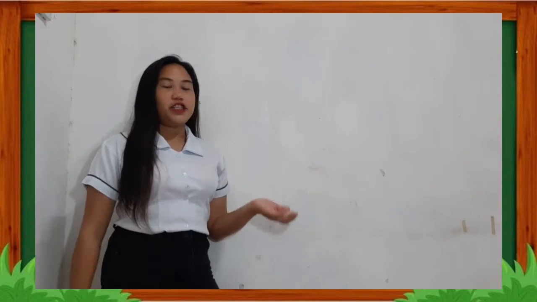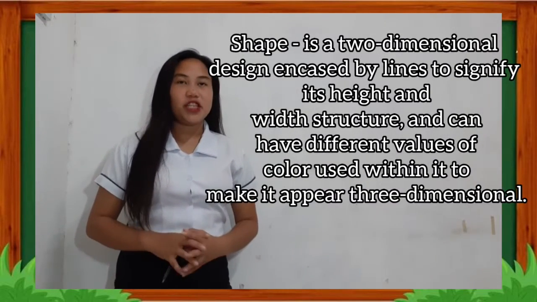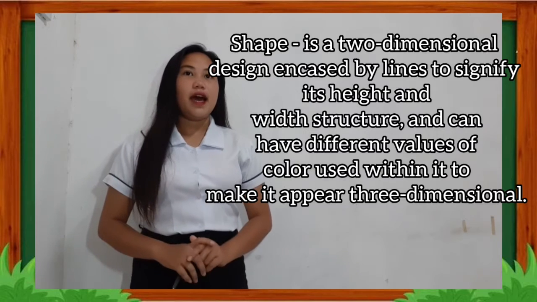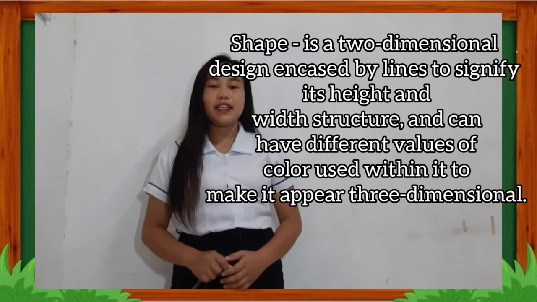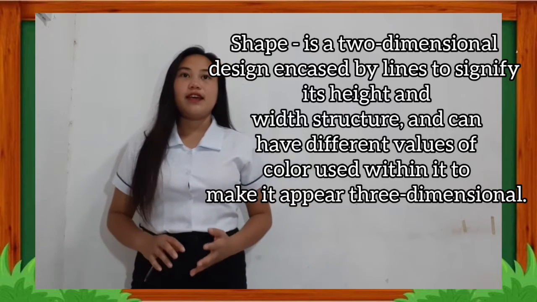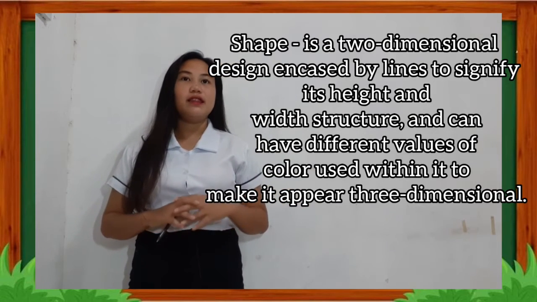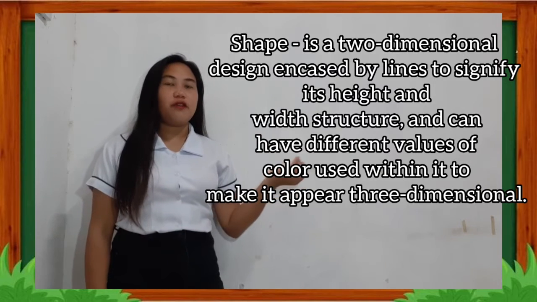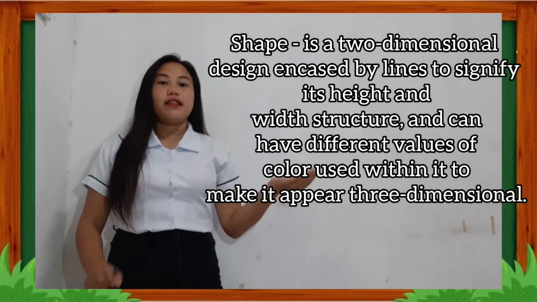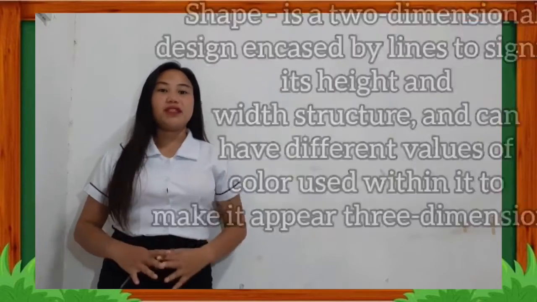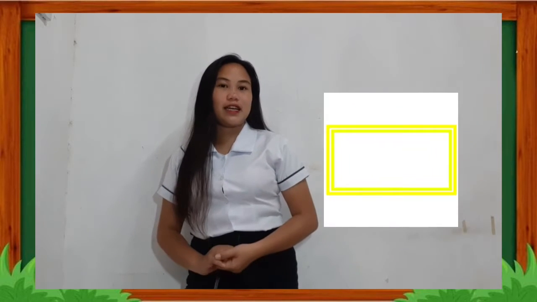Very good. The next is the shape. It's a 2-dimensional area defined by lines to signify its height and width, and can have different values of color to make it appear 3-dimensional. Examples of shape are circle, triangle, square, rectangle.